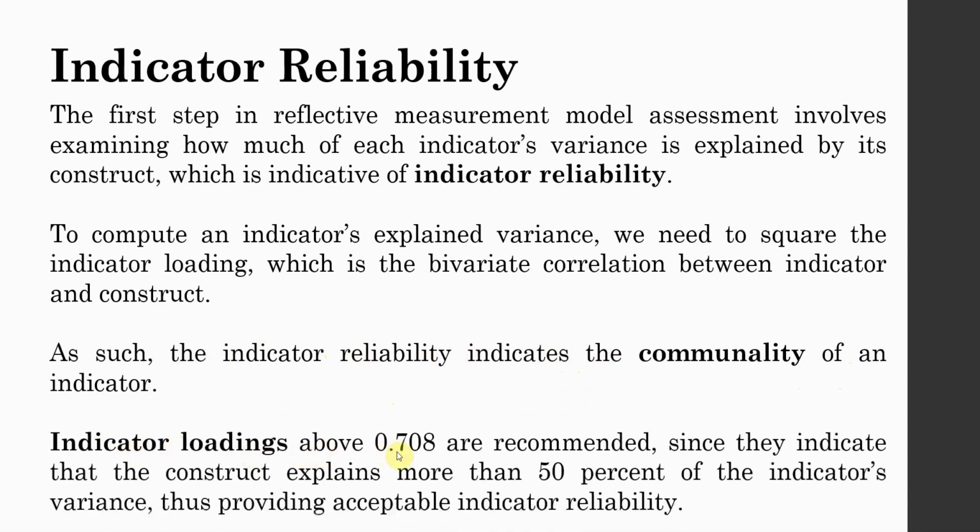So indicator loadings above 0.708 are recommended since they indicate that the construct explains more than 50% of the indicator's variance, thus providing acceptable indicator reliability. In summary, if your indicator loading is 0.708 or over, this would mean that 50% of the indicator's variance is explained by the construct. And this will show acceptable indicator reliability.